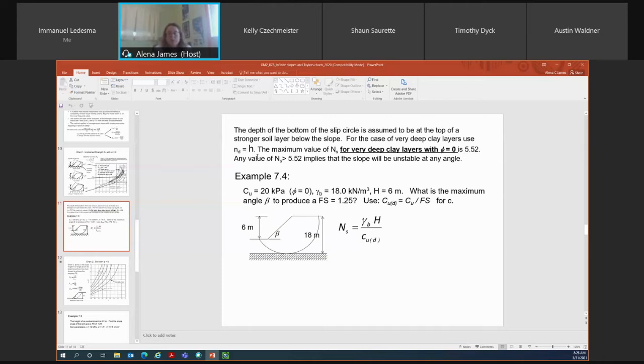So with clay material, depending on if it's long-term shear strength or short-term shear strength, your undrained shear strength, the strength of your material in the short term, is your CU value, and phi is equal to 0 in the short term. Whereas if you're looking at long-term shear strength, you would have a cohesion and you would have a friction angle.